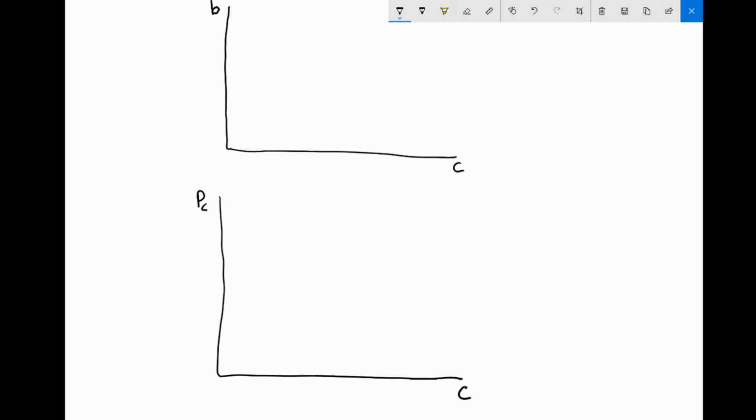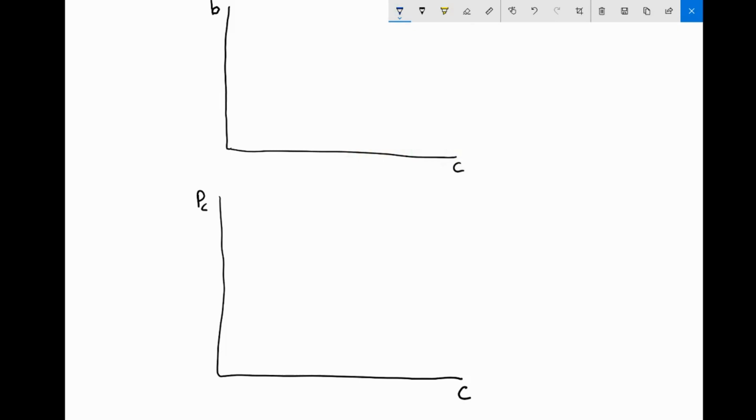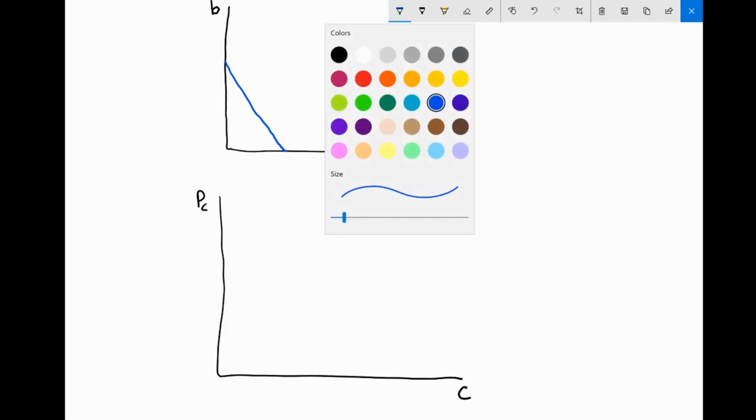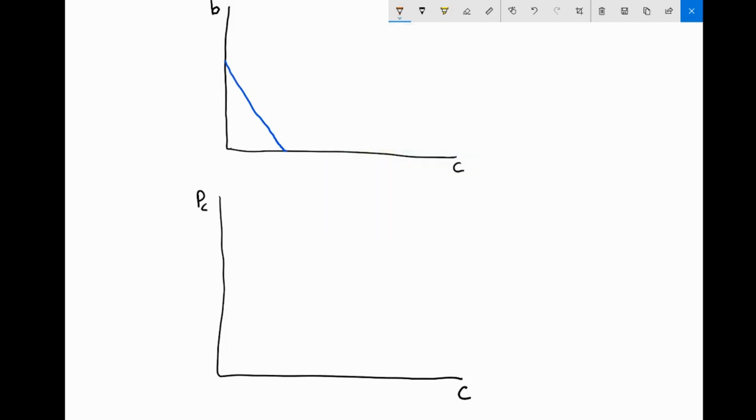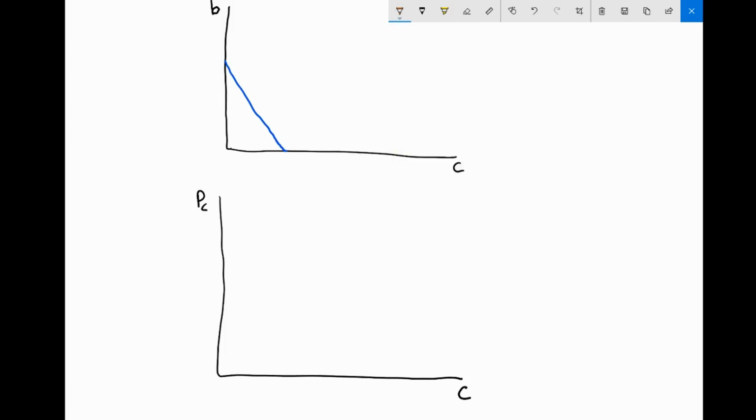Okay, so on the top graph, we can have a budget constraint, and we can have our indifference curve.